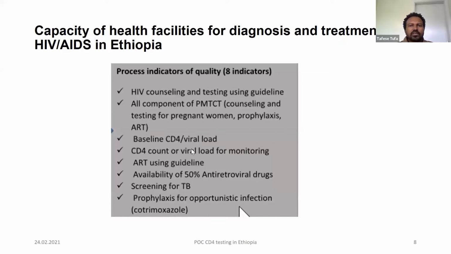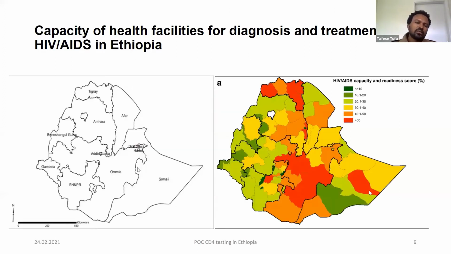There is a question of the capacity of health facilities for diagnosis and treatment of HIV/AIDS in Ethiopia. There was a study focused on 8 indicators: HIV counseling and testing, all components of PMTCT, baseline CD4 testing, CD4 or viral load for monitoring ART using guidelines, availability of the drug, and screening of TB. According to that finding, this map of Ethiopia is based on administrative purpose.